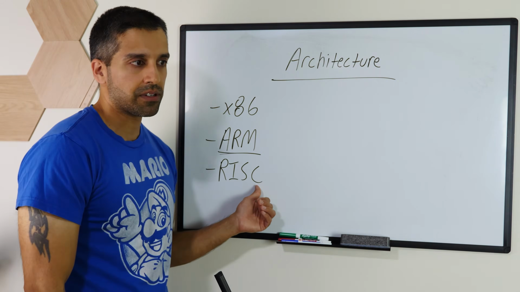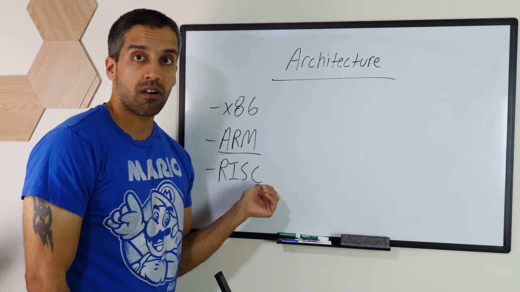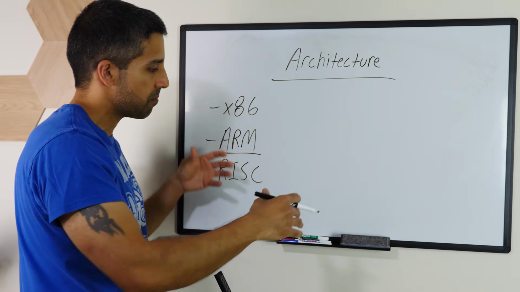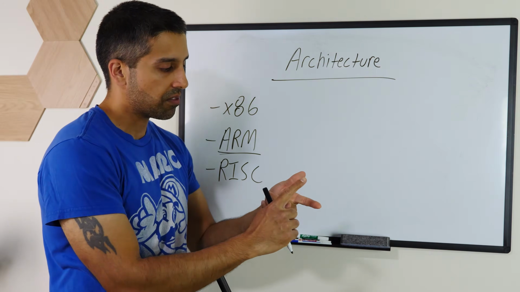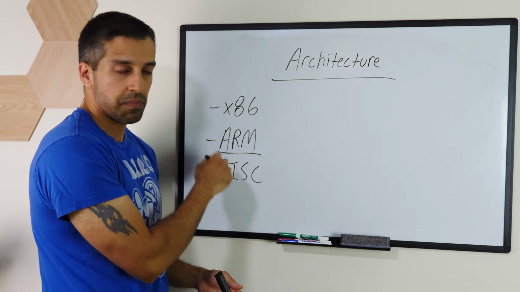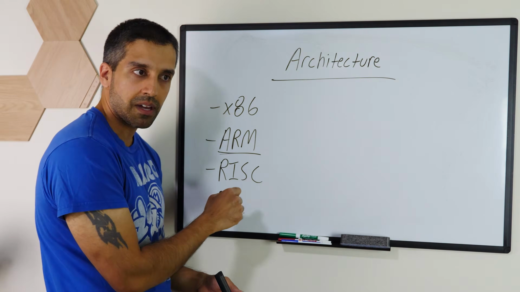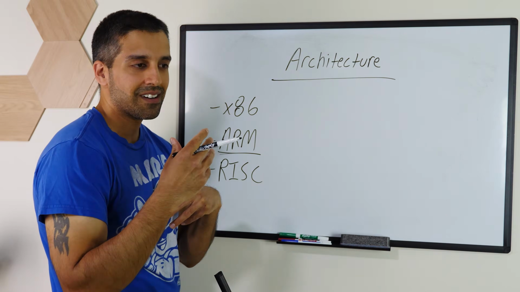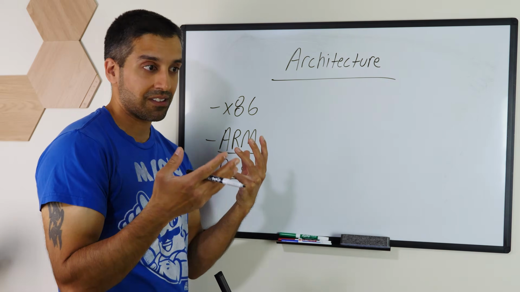Another one is RISC, which I believe is based on open source hardware design. So the architecture of the processor itself can be a big determining factor, along with the operating system. Is it compatible with one of these elements? There's many more architectures, but is it very compatible with them? Is the software compatible with them? That'll output various outcomes for you and how you're utilizing the computer itself.